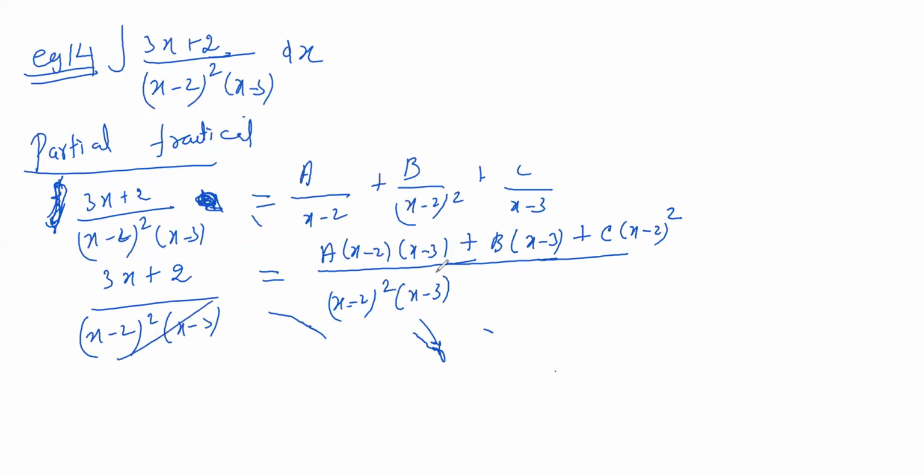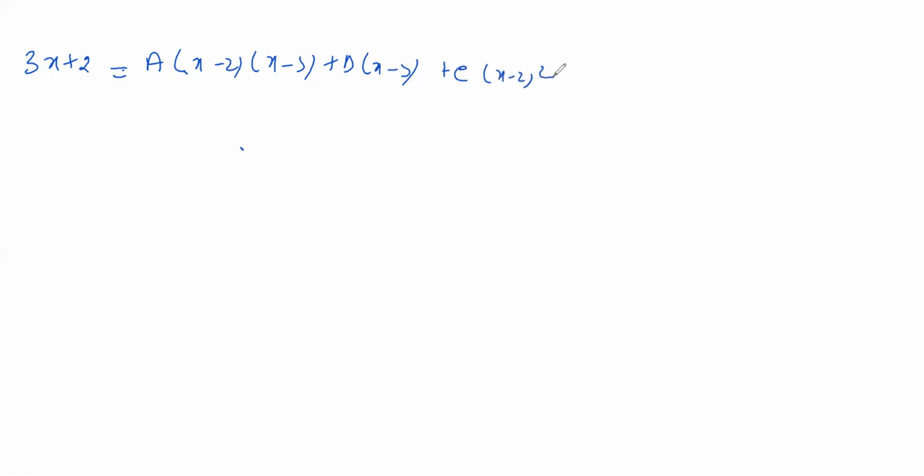The terms get cancelled, so we'll get 3x plus 2 is equal to a into x minus 2 into x minus 3 plus b into x minus 3 plus c into x minus 2 the whole square.